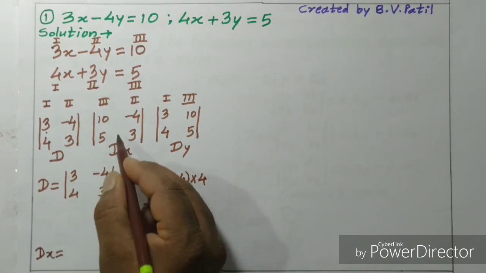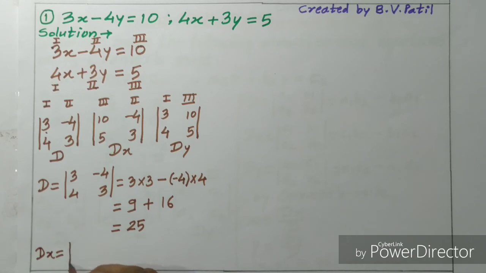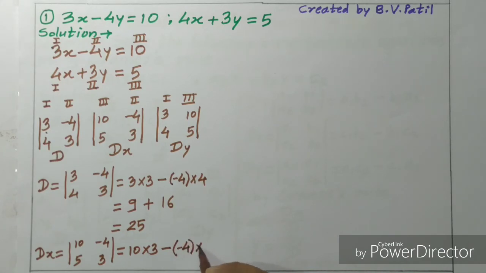Then next, the dx determinant we write here. Which numbers do we multiply first here? That is 10 into 3, minus, which numbers do we multiply here? That is minus 4 into 5. This minus 4 is negative, so we write it in a bracket.